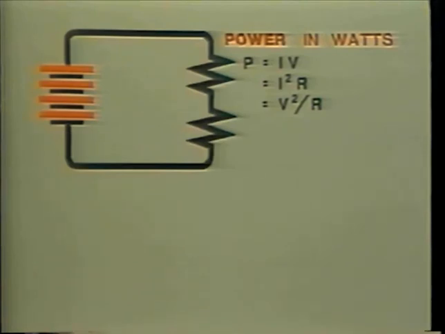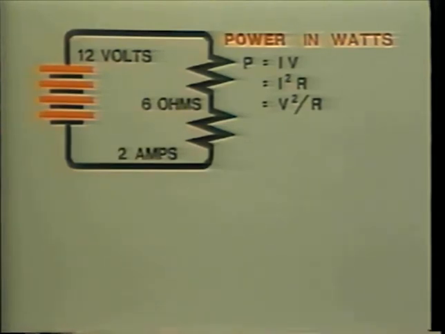In our first example, the voltage applied was 12 volts and circuit resistance was 6 ohms, which gave us a current of 2 amperes. Power can be calculated by multiplying current times voltage, or power equals 2 amperes times 12 volts, which is 24 watts.